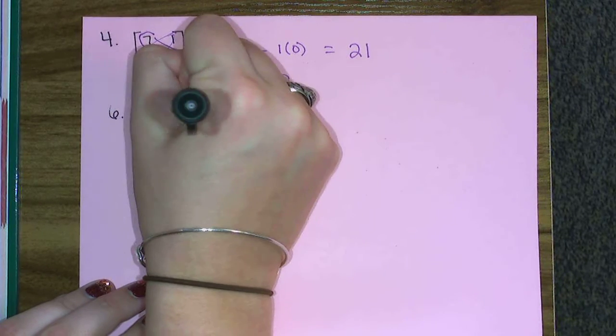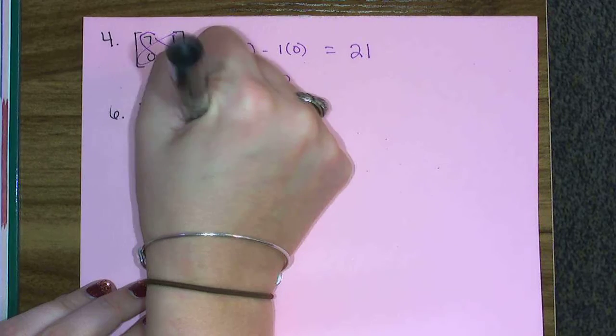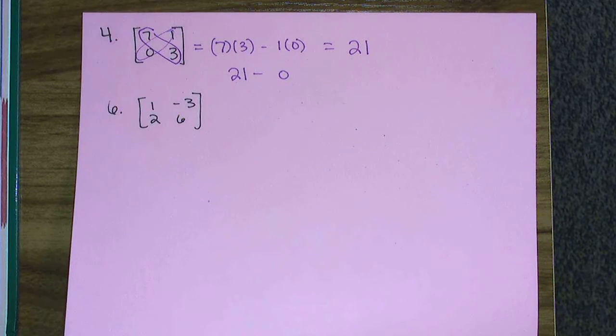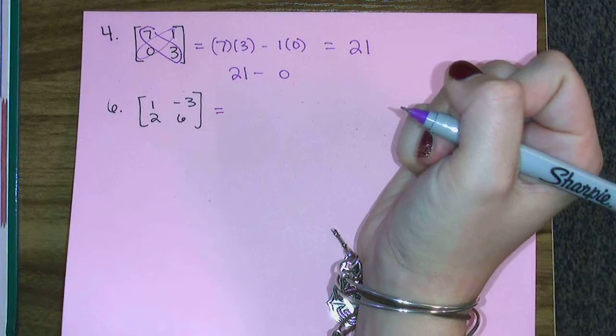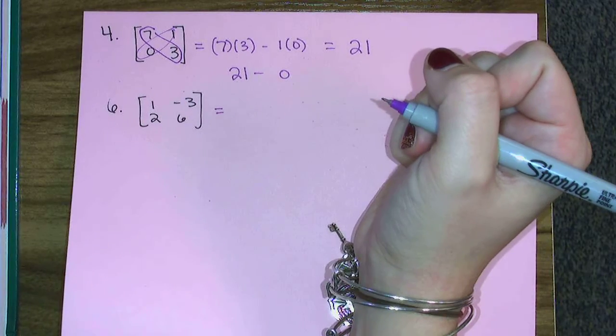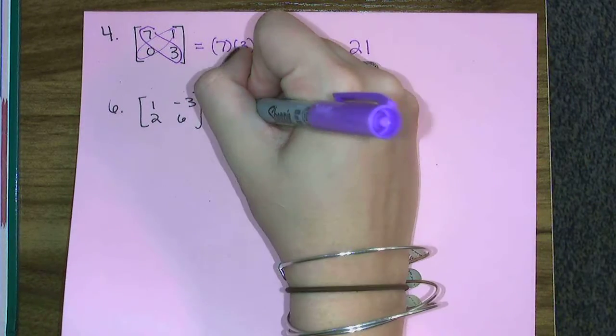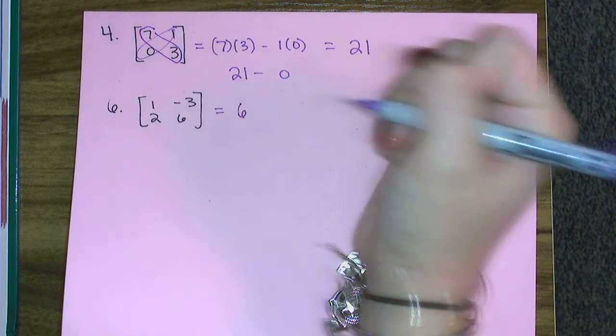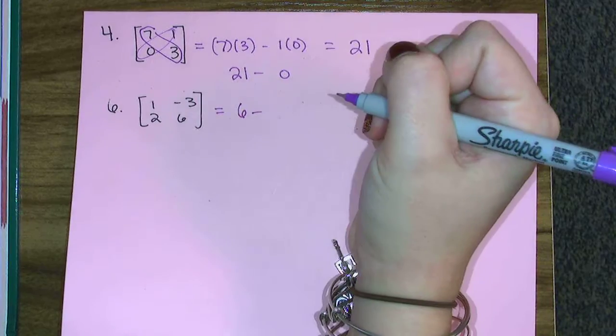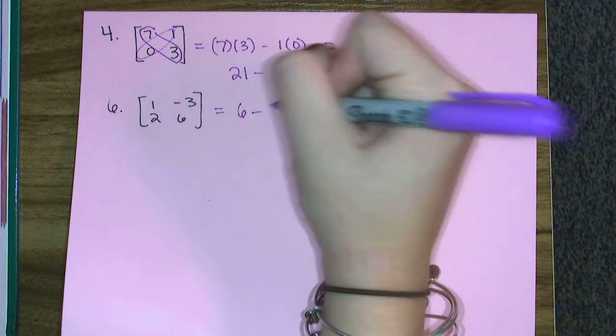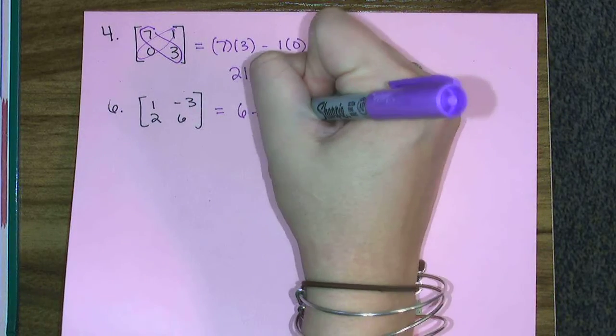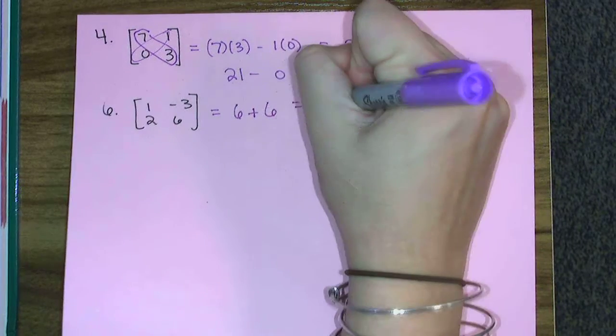1, negative 3, 2, 6. So how do I set this one up? Yep.